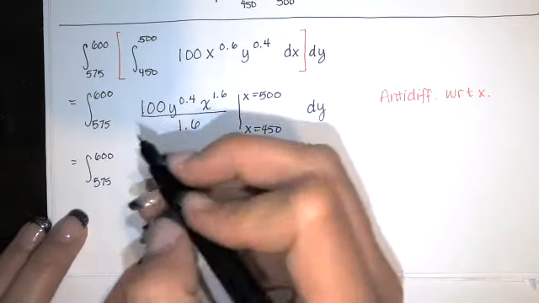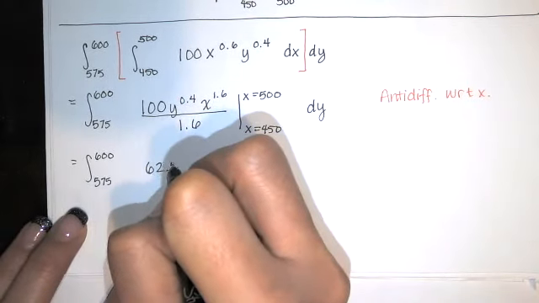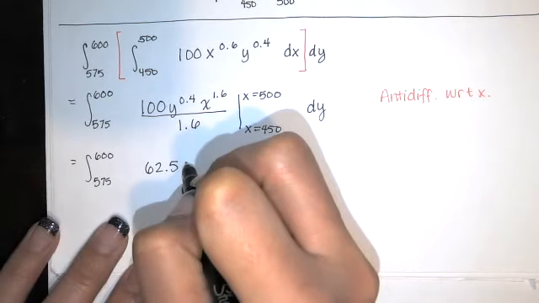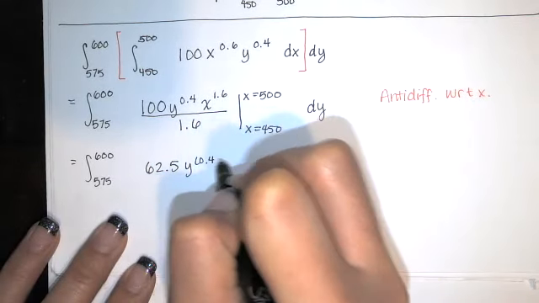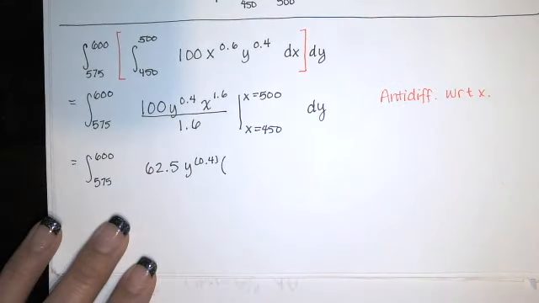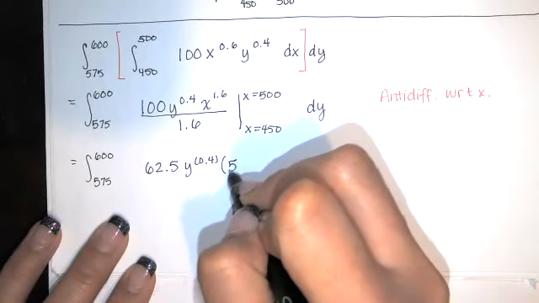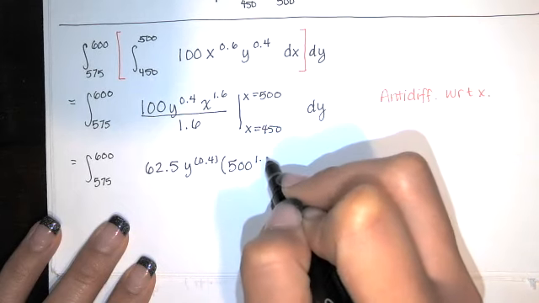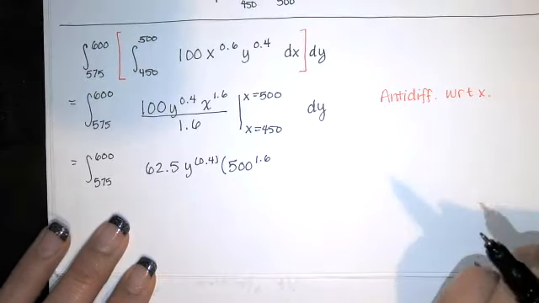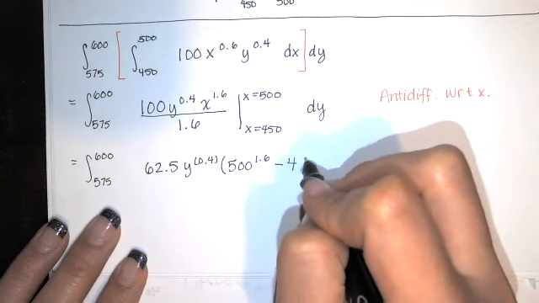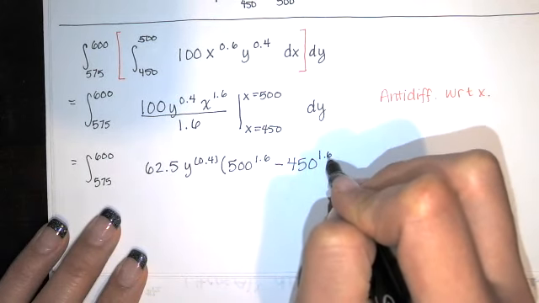This 100 divided by 1.6 turns out to be 62.5. Y to the 0.4 is still there. And then we will have x to the 1.6. When we substitute in x equals 500, we'll have 500 to the 1.6 minus 450 to the 1.6.